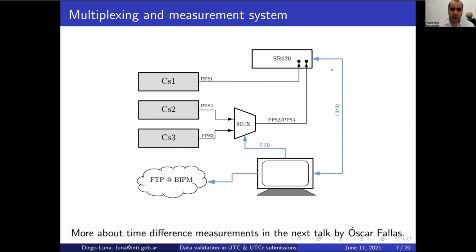The same computer controls the counter, takes the measurements, and generates the report that we send via FTP to the BIPM. I won't go much into detail about the format of the file and the other care that has to be taken into account, because in the next talk, Oscar Fallas from ICE will explain this in a more detailed way.